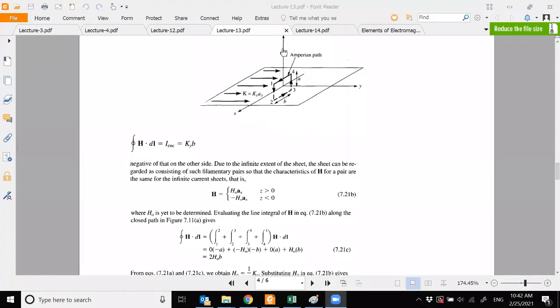Since the direction of my enclosed current is in this direction, it has to be the anti-clockwise direction. And based on that, we do the integration. So 1 to 2 and 3 to 4 will cancel out, because here your dl is perpendicular to your current. So these two will be gone.